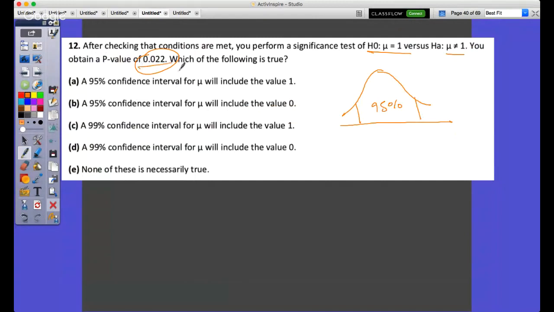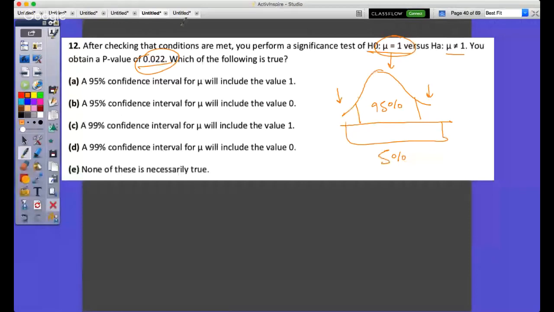Because our p-value is statistically significant, this means that our value is either on the lower or upper side of our 95%, because it's got to fall in my 5% to be statistically significant. Therefore, mu equals 1 would fall outside of this 95% confidence interval. I want to make sure.